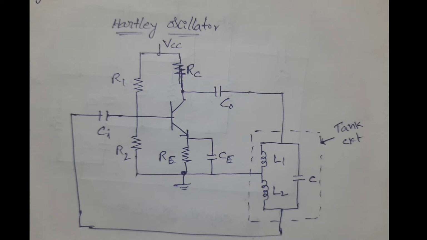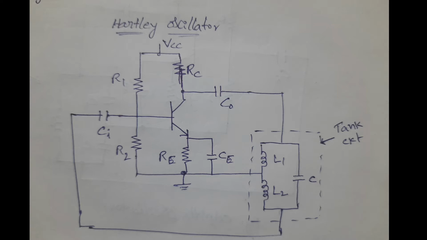Its frequency of oscillation is decided by its tank circuit, which has a capacitor connected in parallel with two serially connected inductors as shown in the figure. You can see the diagram also.